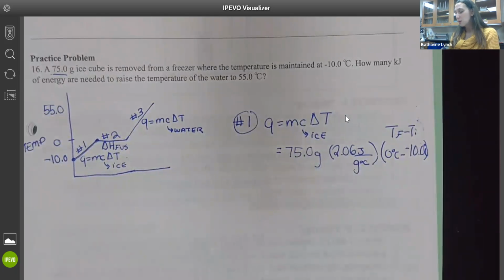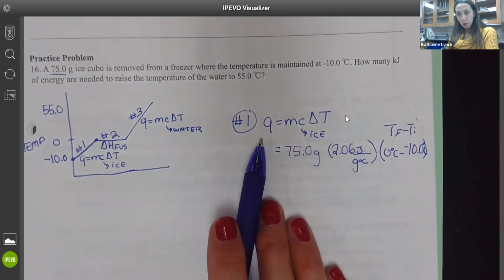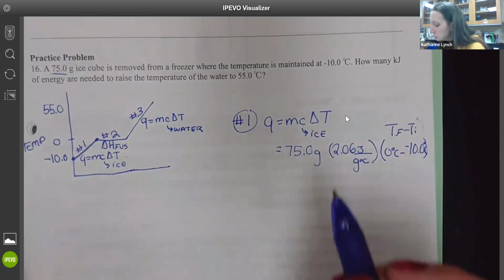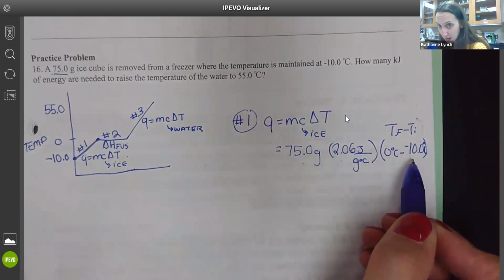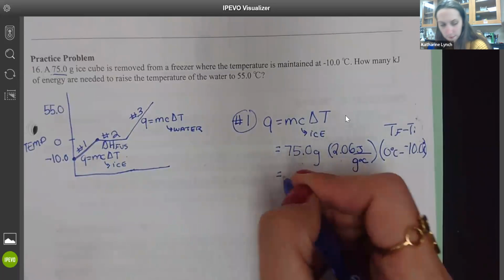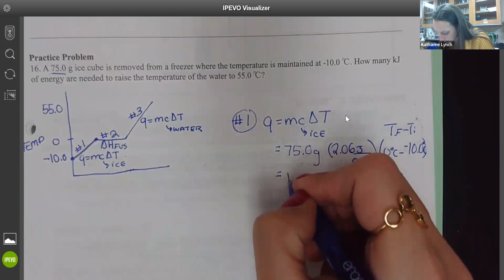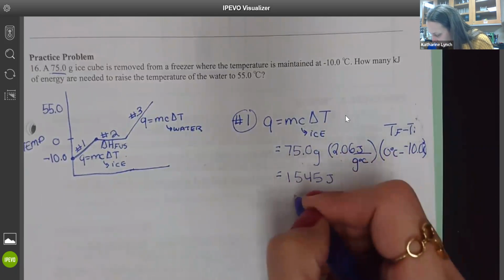So this is going to be minus a negative, or I'll end up with a positive energy input because energy is going into the ice cube. It's going to be positive. So when I do 75 times 2.06 times 10, I end up with a value in my calculator. I've got 1,545 joules of energy.